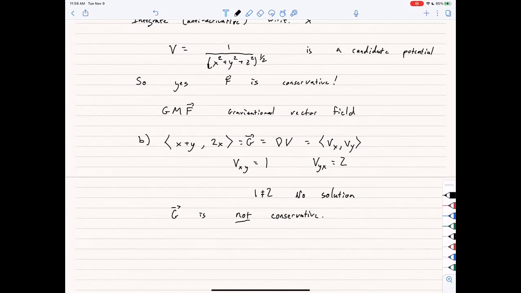Conservative vector fields are sort of measure 0 in the world of vector fields. They're very rare. If you write a random one down, you're most definitely not going to have a conservative vector field.